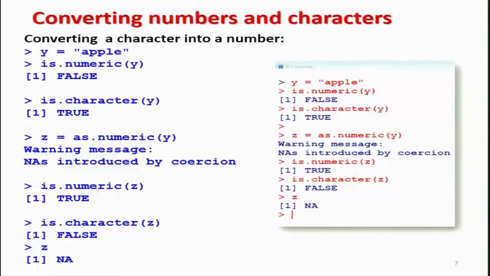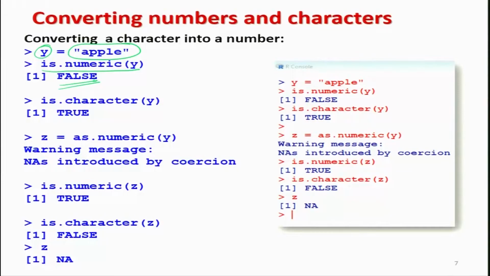Now in case you try to do the opposite, suppose I have a character and I want to convert it into a number, what happens? Suppose I take the variable apple, which is a character, and I store it as y. Now I operate the command is.numeric(y), that means I want to know whether this y is numeric or not.